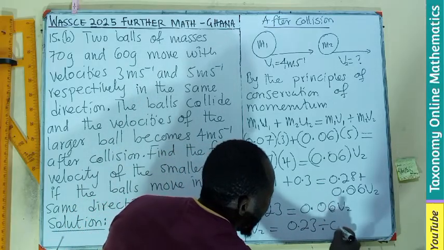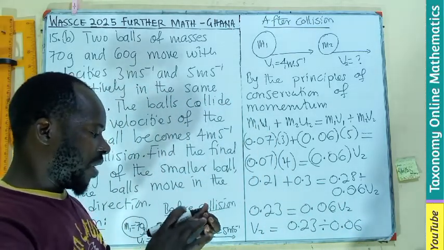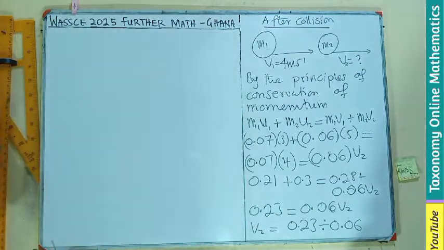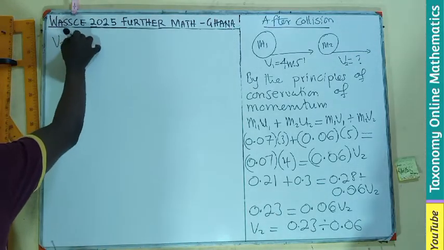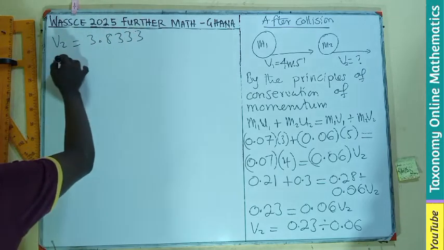So your V2 will now be 0.23 divided by 0.06. Let's see what that will give us. From here, we can say that V2 will become 3.8333.